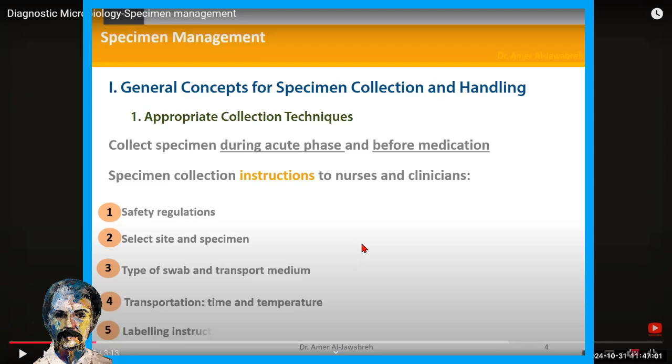You have a cooler in your car. Sometimes you deliver DNA, and DNA should be delivered in a frozen state, -20. So either you have ice blocks inside a small freezer, or there is a freezer which you can put in your car. When you switch the car on, this freezer works, and it keeps everything at -20 for as long as the car is on. So you have to take these into consideration.